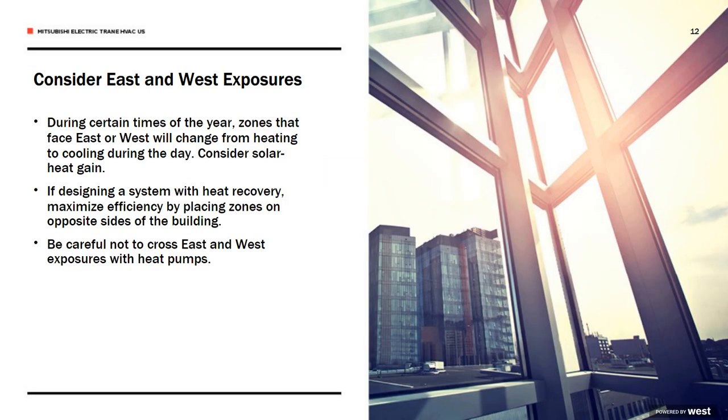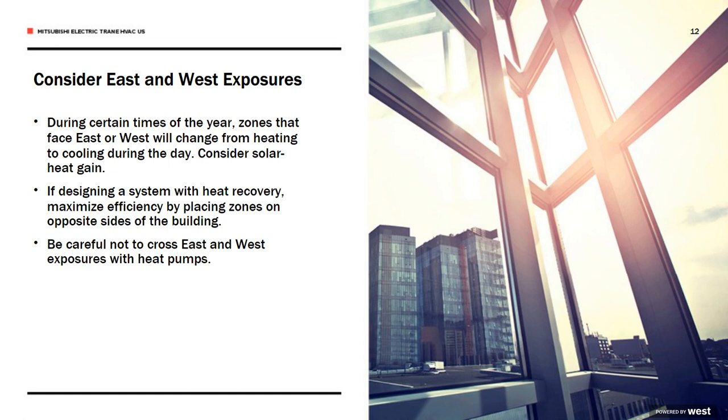Consider east and west exposure. Let's suppose that you have a building. There are certain times of the year where the sun is coming up on the east, and you might need some cooling on that east side. But on the west side, it's still a bit shady.